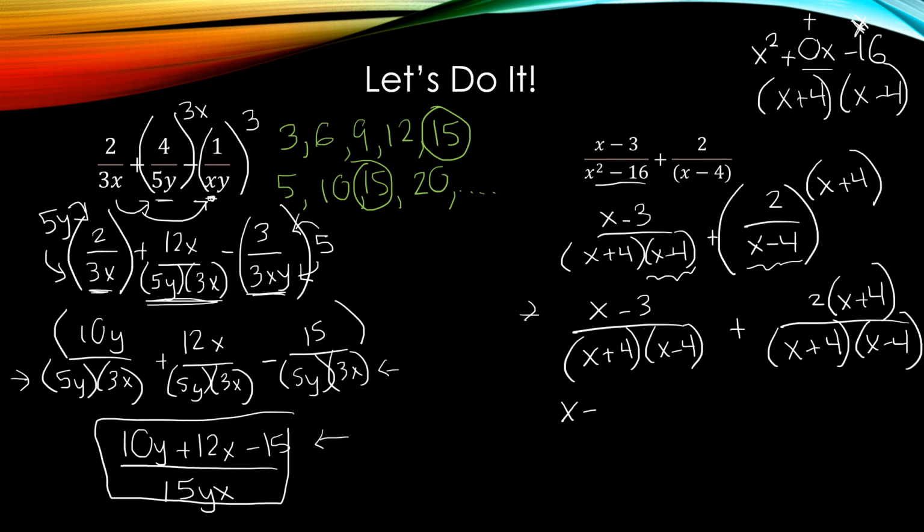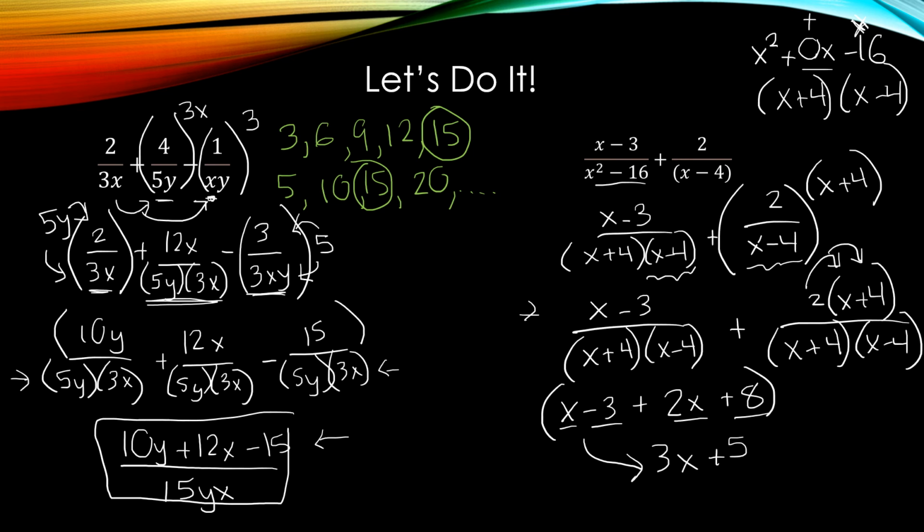And that's going to be x minus 3 plus, and I can just go ahead and distribute this, plus 2x plus 8. And then I can carry this problem out, and say that 2x plus x is 3x. Positive 8 minus 3 is positive 5, all over x plus 4, x minus 4. And that's going to be your answer.